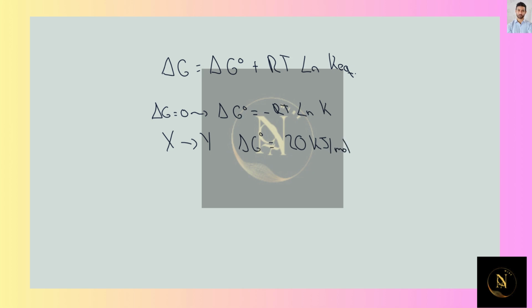Now, if we write down the equilibrium constant, this is equal to the ratio of concentrations of the species Y divided by the concentration of species X. So directly, we need to solve for K. Using this equation, K is the exponential of minus delta G naught divided by RT.